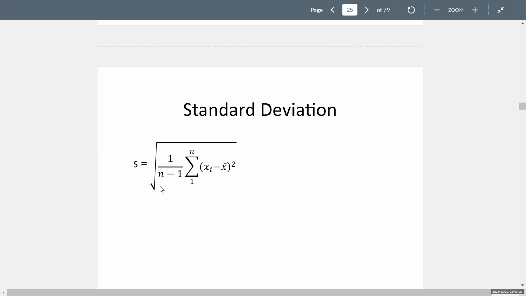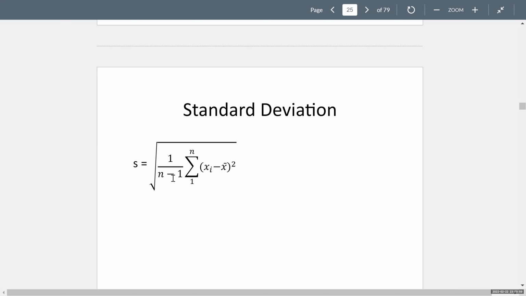1. N minus 1 is not the sample size, it's the degrees of freedom. Degrees of freedom tell us how many independent observations we have. Once we've calculated the mean, we have little n minus 1 degrees of freedom because we have all of our little n plus the mean.